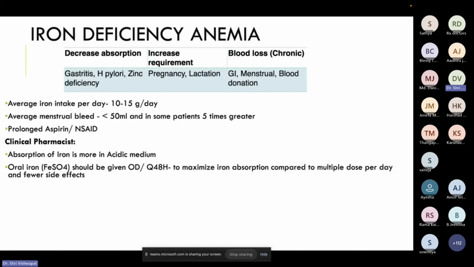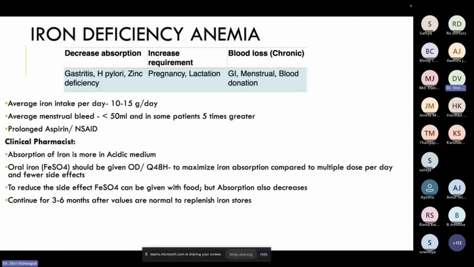To reduce the side effects of FeSO4, that is ferrous sulfate, it can be given with food, but absorption still matters a lot, so I would prefer to give iron supplements before food.